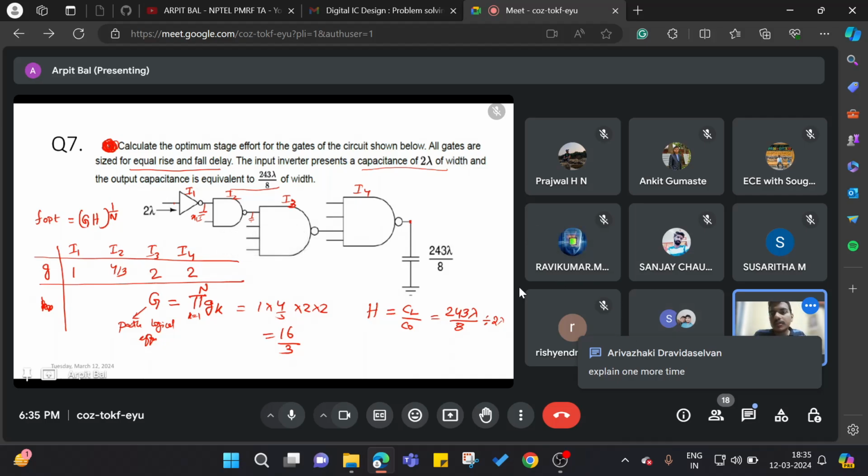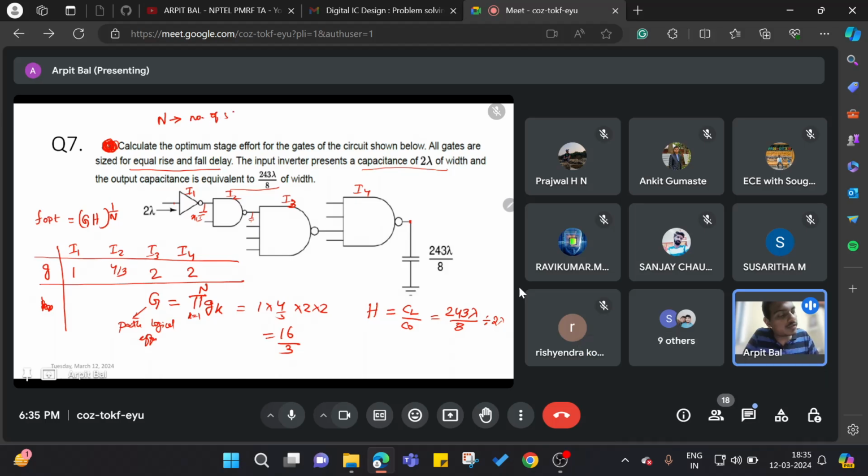Okay, so we were supposed to calculate the optimum stage effort, where N is the number of stages. Optimum stage effort is given by this equation, where G represents the path logical effort, and G is defined as the product of individual logical efforts.